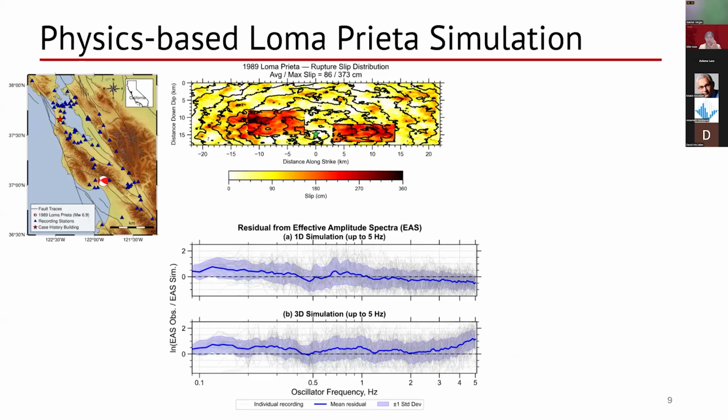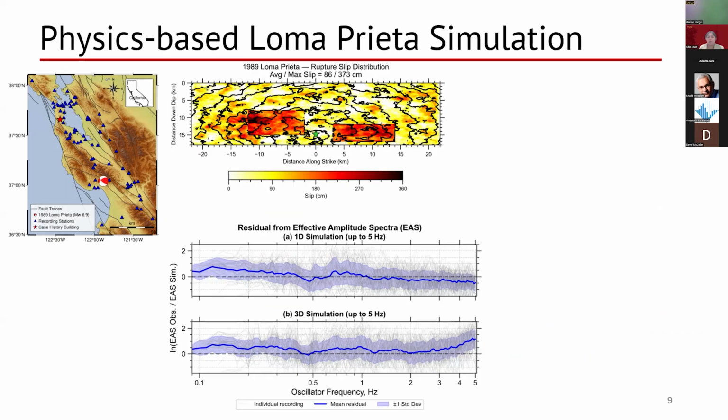The second type of input motion was from a physics-based simulation of the Loma Prieta event. It was done by a student of Dr. Baker, who used the rupture model developed by Dr. Pitarka.